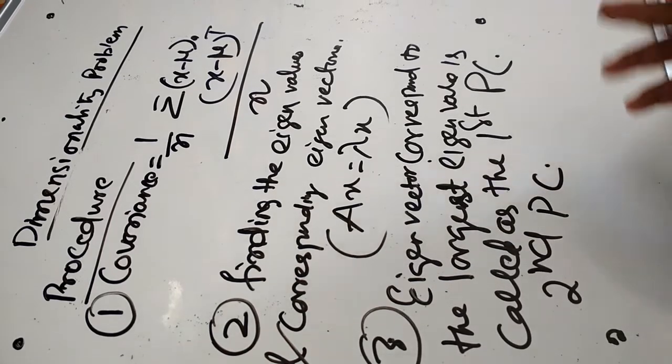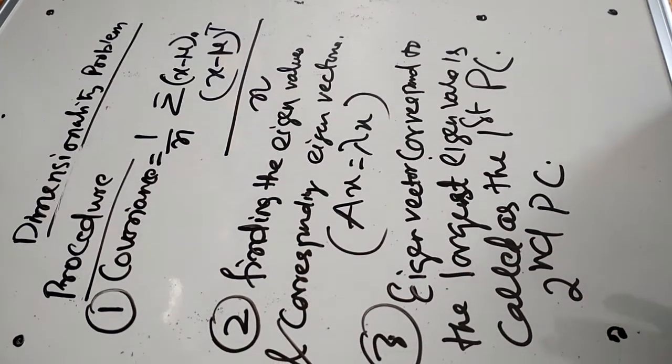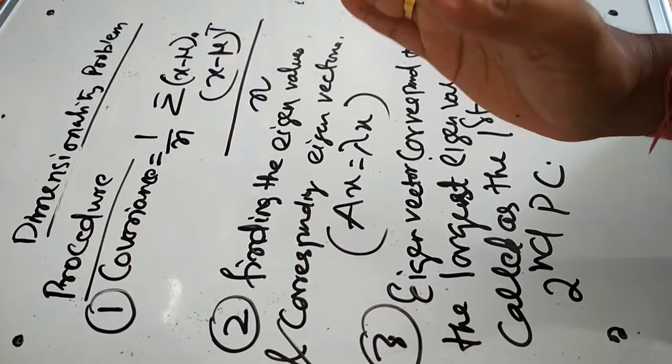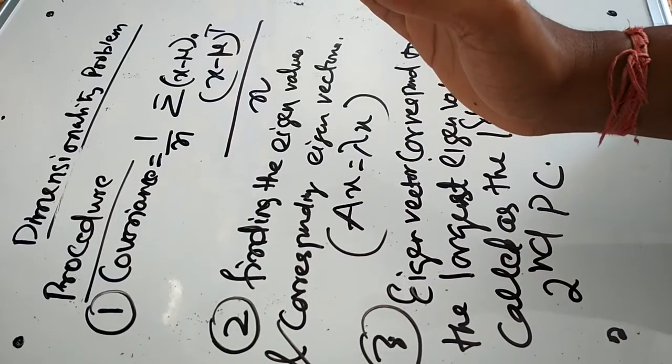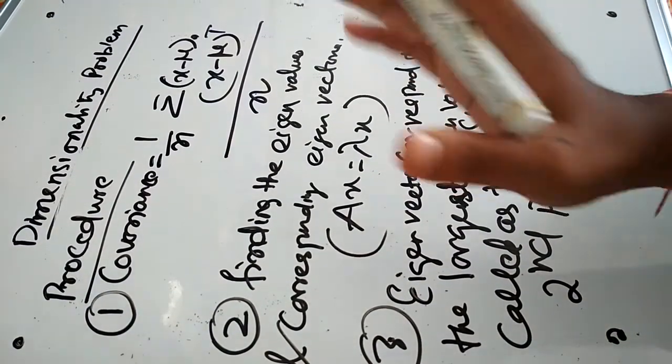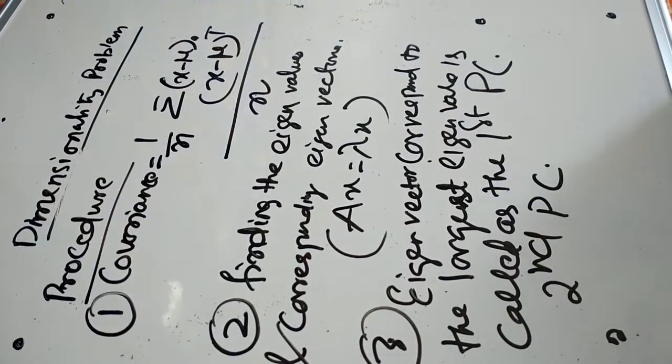So these are the three rules by which we find the first and second principal components. Let's solve a problem for that.